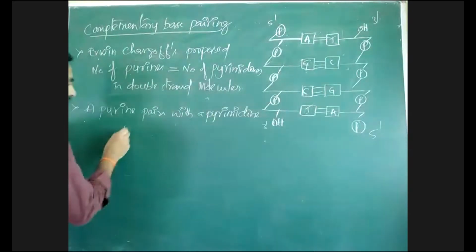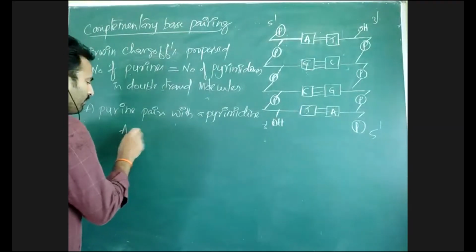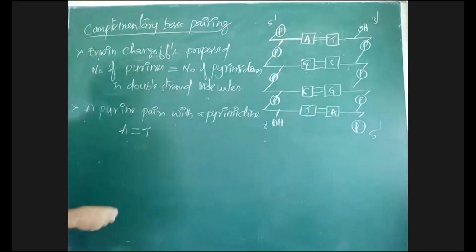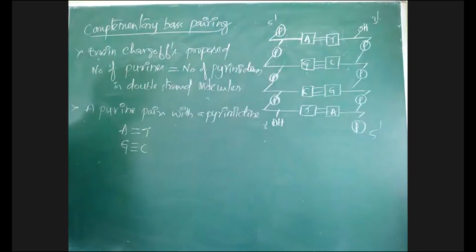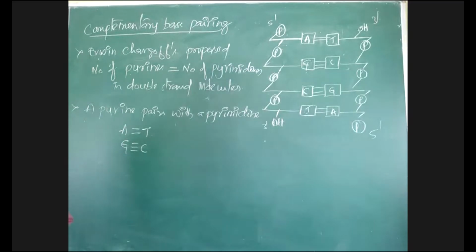Usually, adenine pairs with thymine by forming a double bond. Guanine pairs with cytosine by forming a triple bond. Adenine pairs with thymine by forming a double bond. Guanine pairs with cytosine by forming triple bond. Okay.